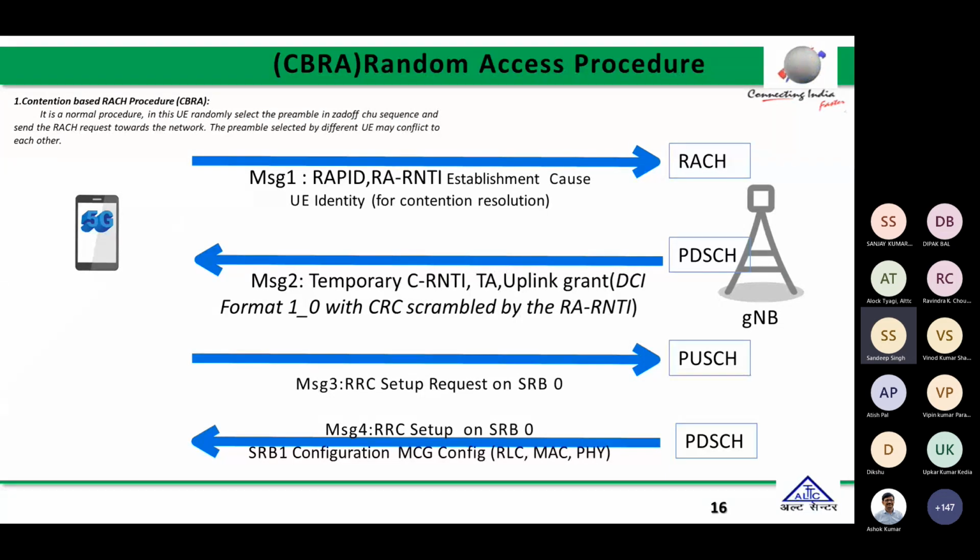The first one is the contention based RACH procedure. The second one is the contention free random access procedure. And one additional random access procedure is given in 3GPP release 16, the 2-step random access procedure, to reduce the latency, the control plane latency.